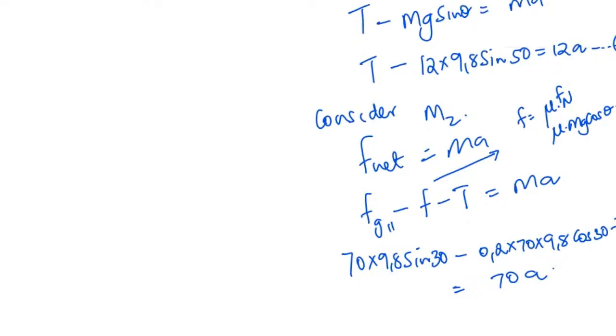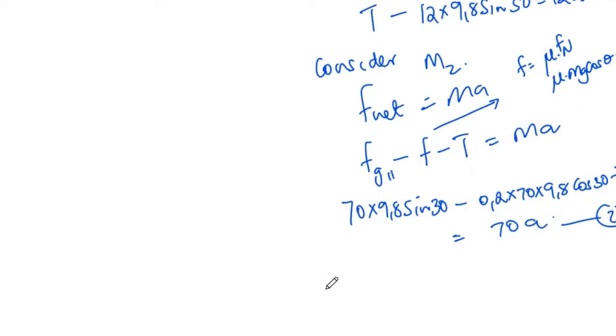Since I'm not interested in getting the tension, I can look at equation number 1 and make the tension the subject. So my tension will be 12A plus 12 times 9.8 sine of 50, giving 90.0868.